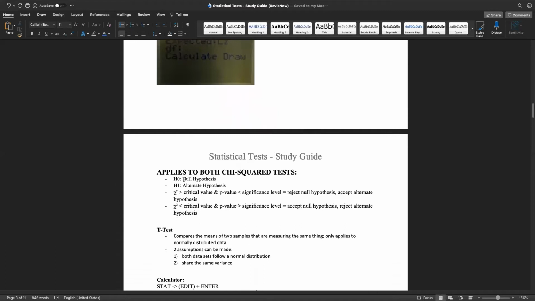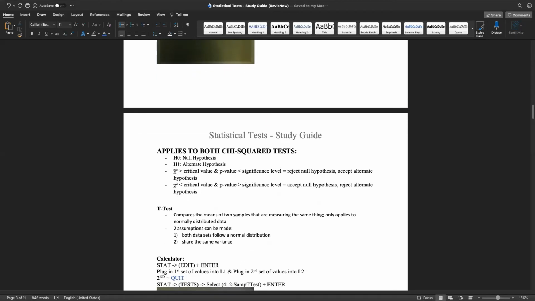You guys know this: H0, null hypothesis, H1, alternate hypothesis. If your chi-squared value is greater than the critical value and your p-value is less than your significance level, then you reject the null hypothesis and accept the alternate hypothesis, and vice versa.